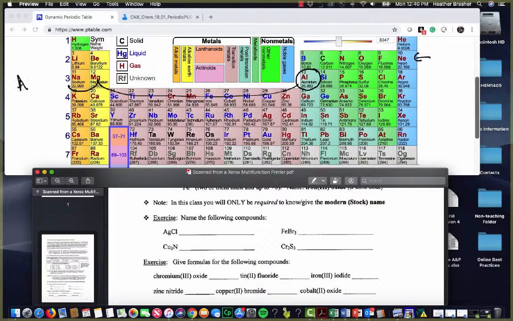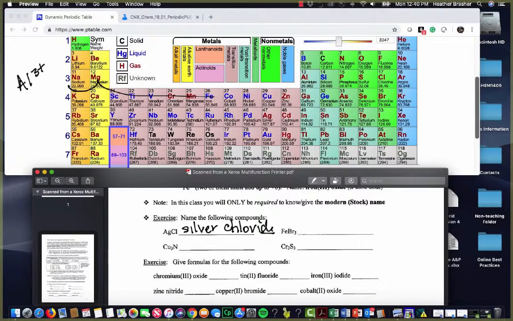So aluminum is 3 plus, and then the chlorine is 1. This is basically the nomenclature we already learned, right? So it is aluminum chloride.